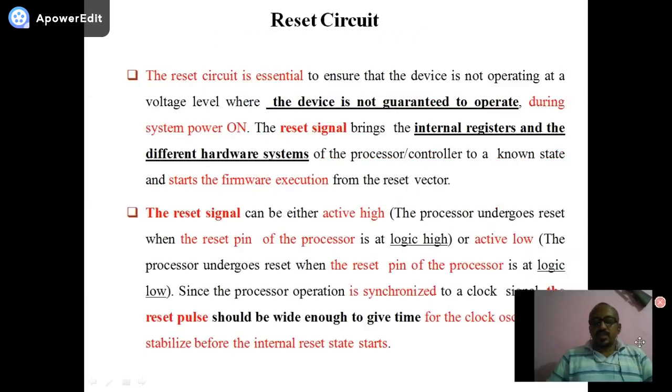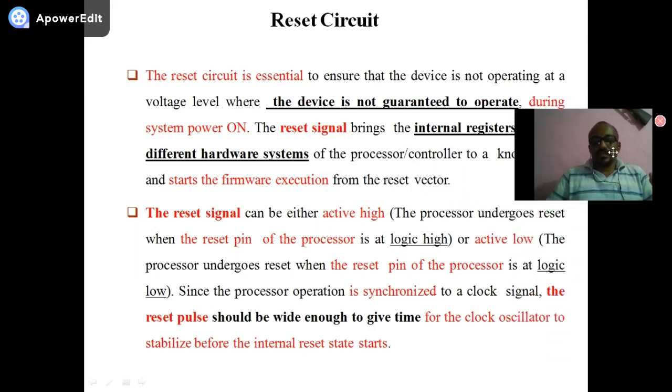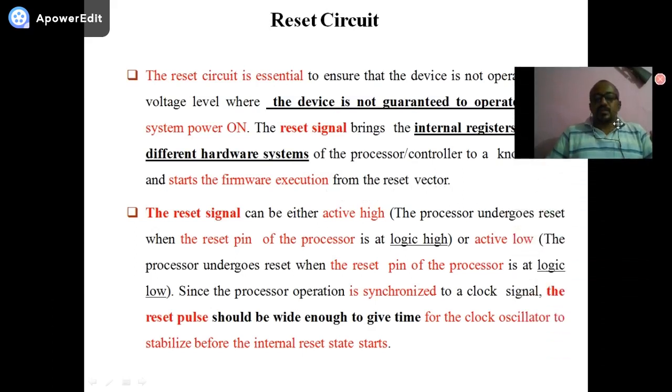First, we'll see the reset circuit. A reset circuit sets the internal registers and the different hardware systems of the processor to a known state and starts the firmware execution from the reset vector. These circuits may be active high or active low.